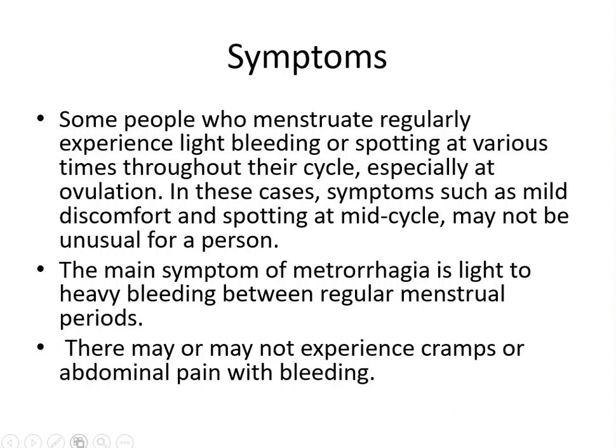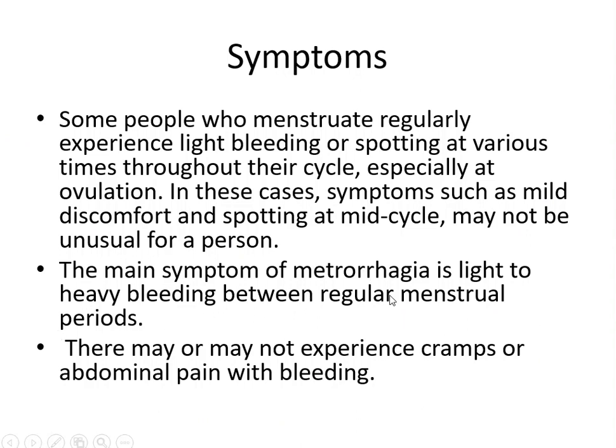Women need to notice that these signs are around the timing of ovulation. In these cases, symptoms such as mild discomfort and spotting at mid-cycle may be unusual for a person, because other than menstruation there should not be any amount of bleeding. So it must be noticed, and it is unusual for a person.